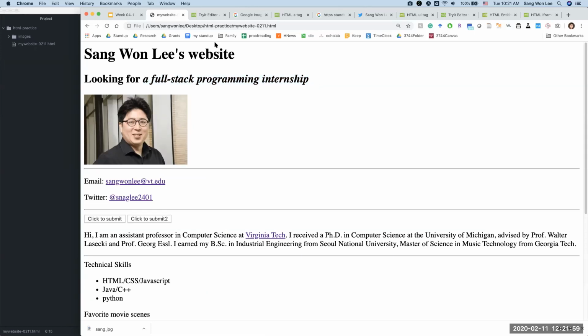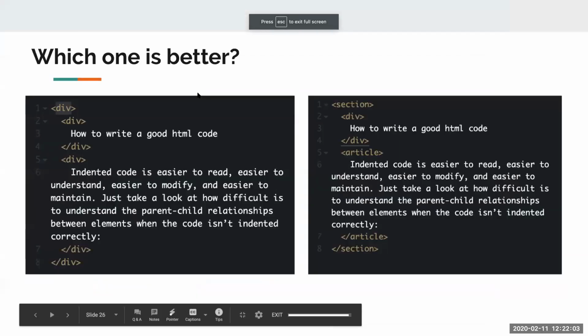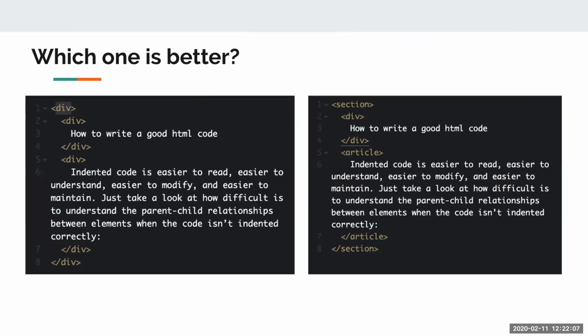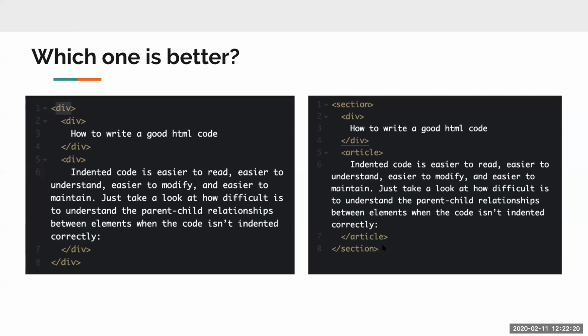Okay, so let's go back. So we looked at semantic HTML tags and we looked at generic elements. In the example on the left side, it's composed of all div elements, whereas on the right side it uses section and article, but the end result is exactly the same.